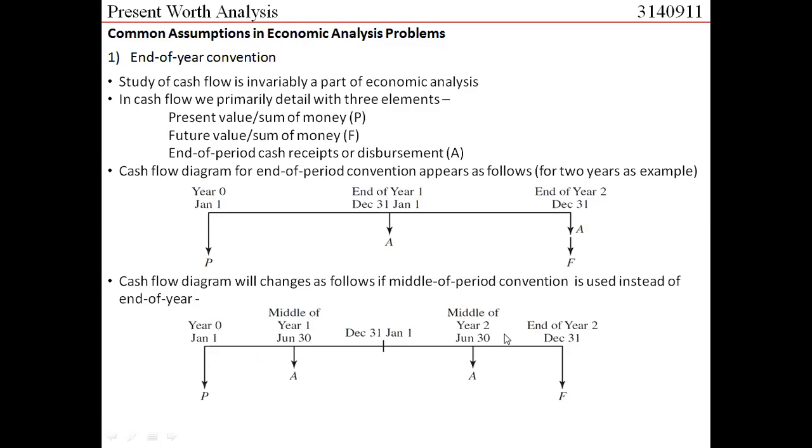Similarly, in the second year, again June 30th. Whereas my present instant is considered as January 1, and my final or future sum value, that is the end of the analysis period, is considered as 31st December. So here we have middle of period convention.